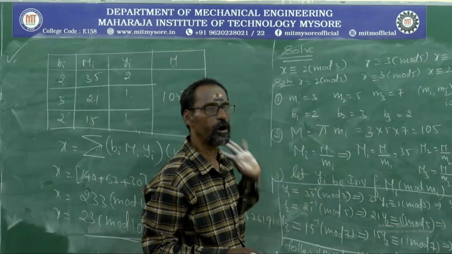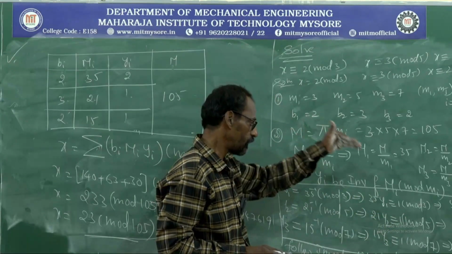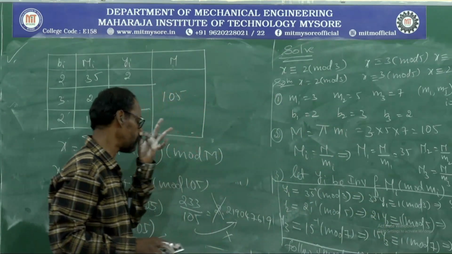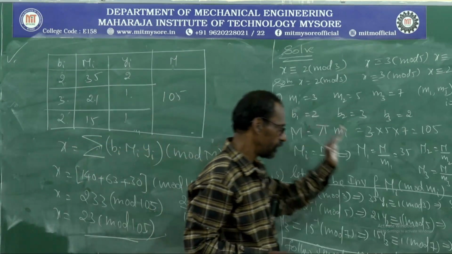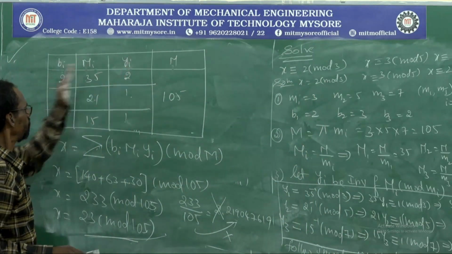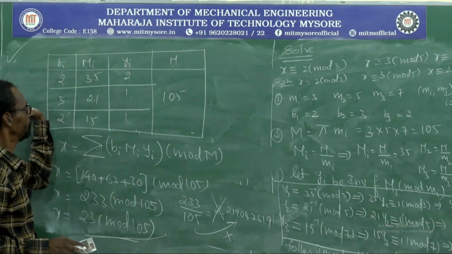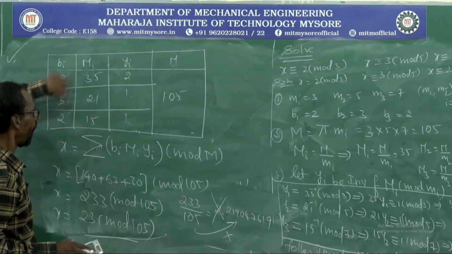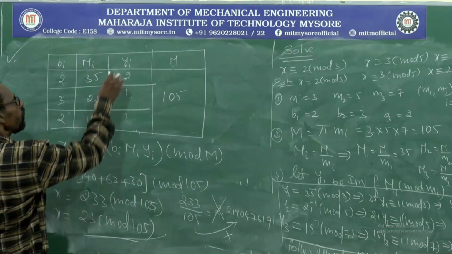Modeling, I showed you how to do modeling. Extended Euclidean algorithm, I showed you how, using the Euclid algorithm, I can find the inverse. Using that, you find the inverse, enter into the table, multiply row-wise, and add all these values under modulo 105.